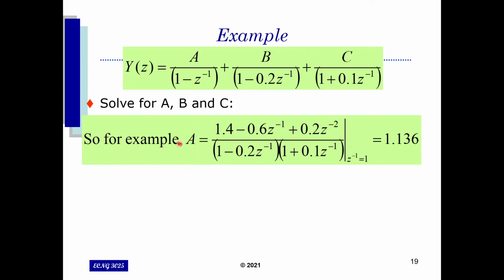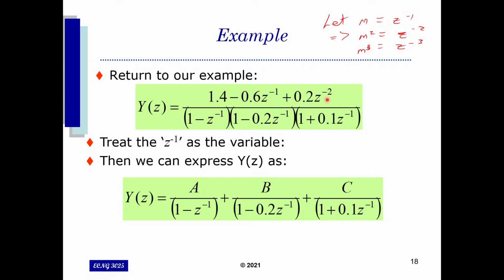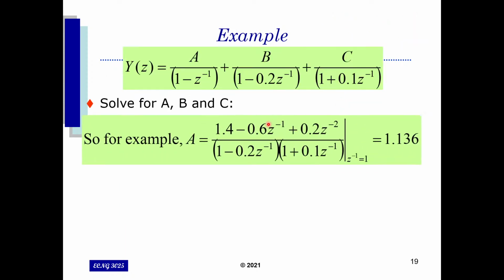So for a here, we use the numerator from y of z, and then we use the other 2 denominator terms that are not associated with a, and we put these 2 on the denominator to multiply with each other. And because this is in terms of z, we need to substitute in a z value.